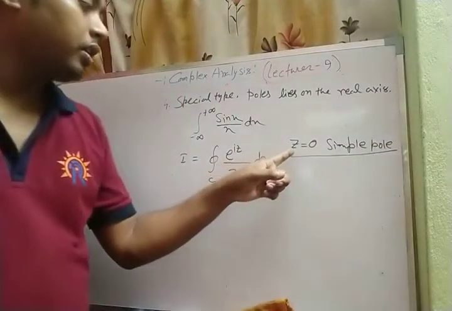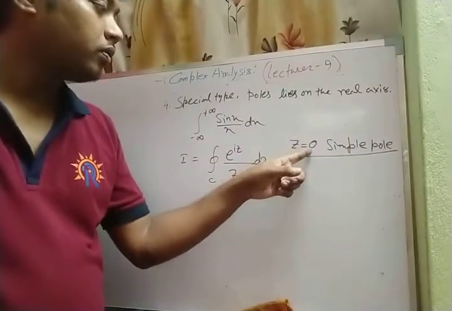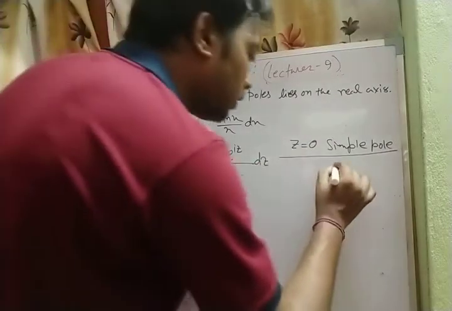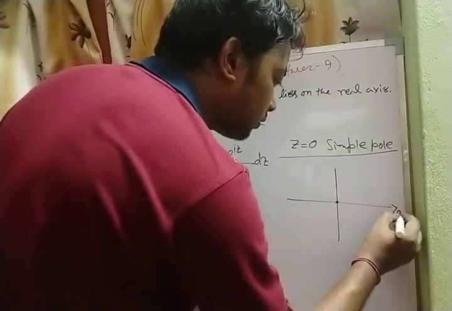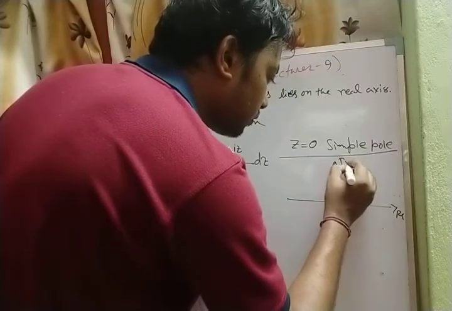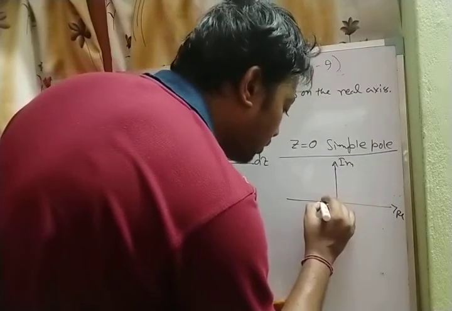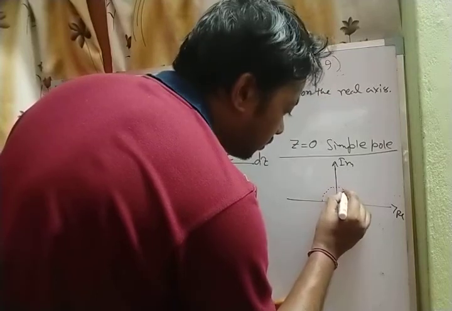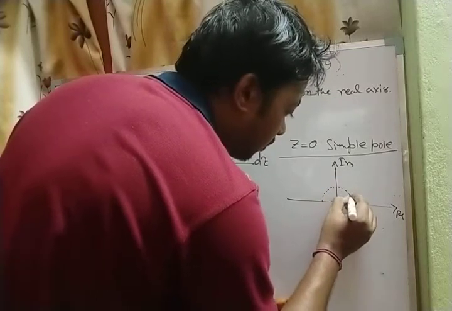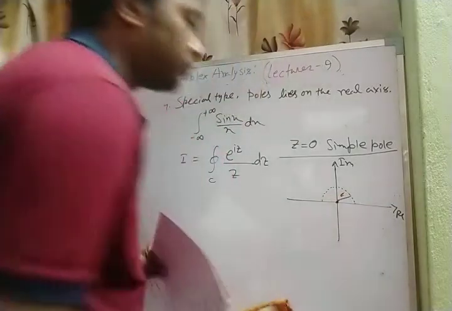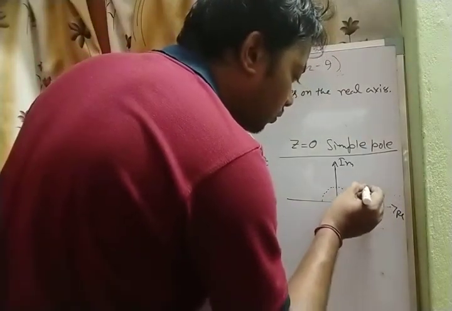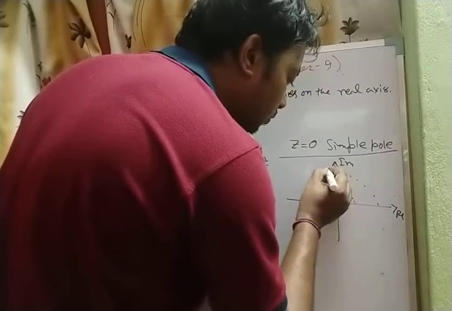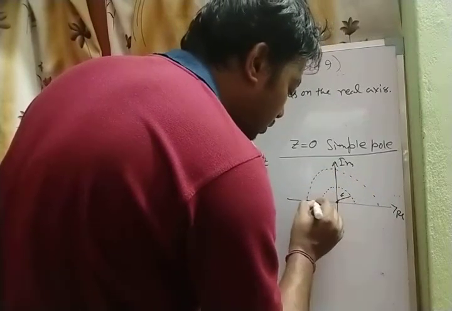You can easily see that z equals 0 lies on the real axis. So we have to consider a circle of radius epsilon, and we have to consider another contour, this.